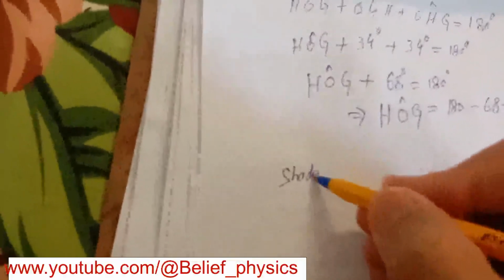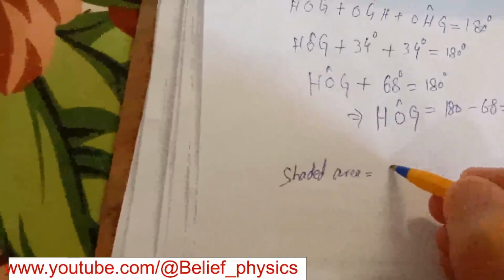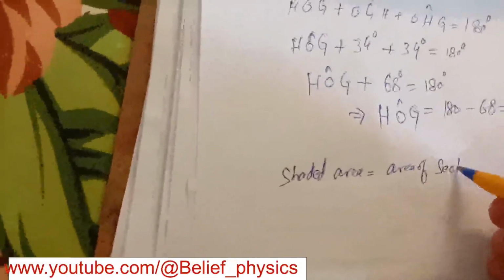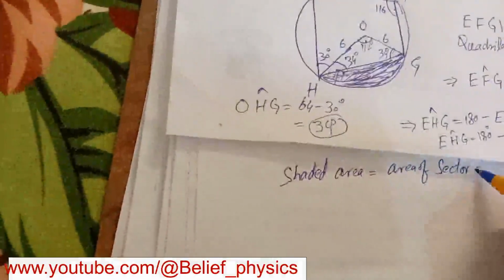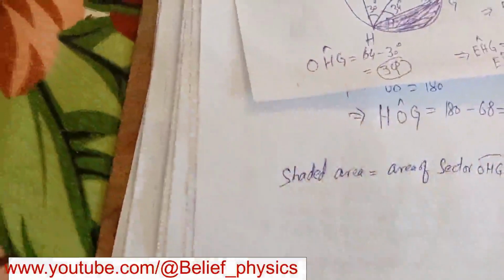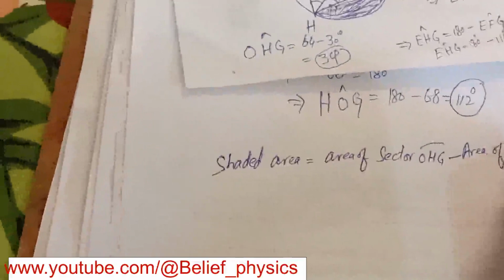So the shaded area is equal to the area of sector OHG, this sector, minus the area of triangle OHG.